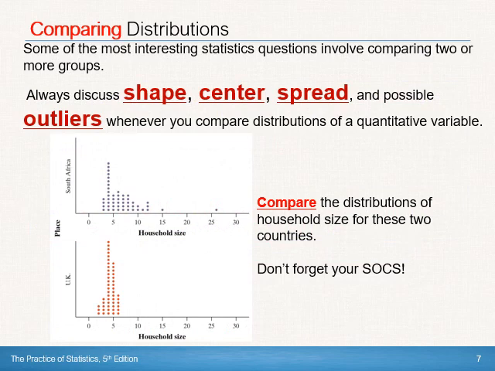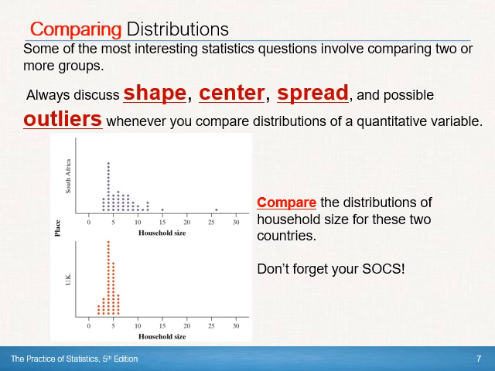All right, so when we look at comparing distributions, these are dot plots for the size of households in South Africa and for the distribution of house sizes in the UK. When we compare these, we want to use our shape, center, spread, and outliers.